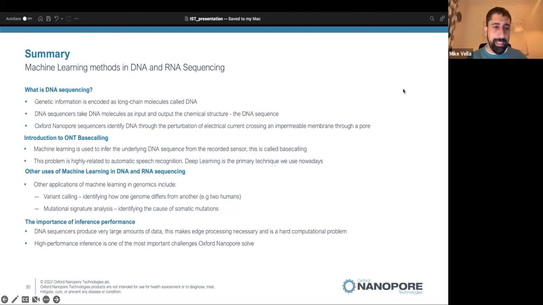Finally, the thing I'd like to emphasize is that for us, almost uniquely, we care about inference performance to the extent that we go to low-level programming languages and produce our own models from scratch to make them as fast as they can be at inference time.